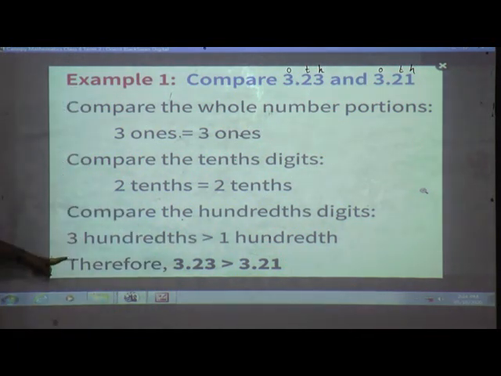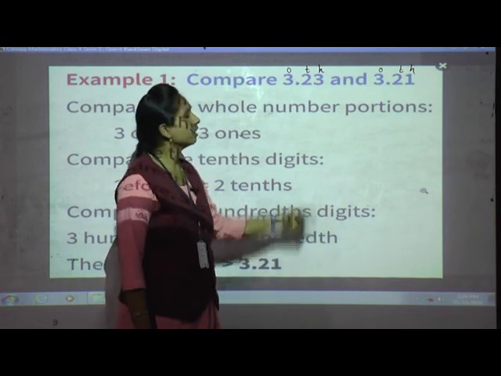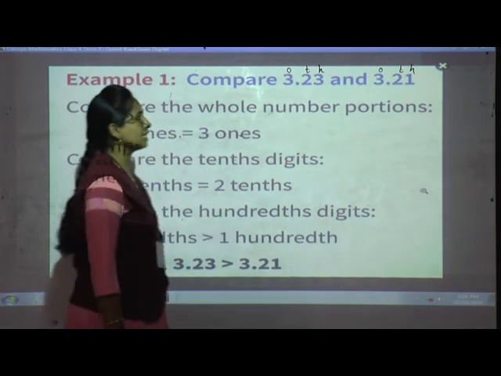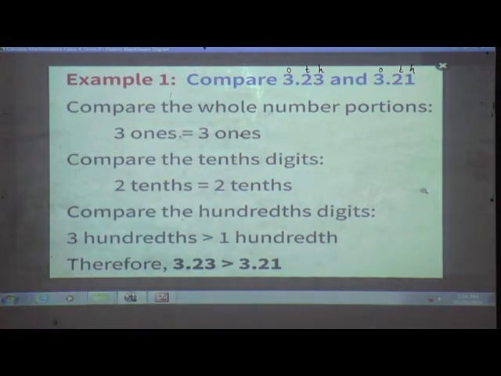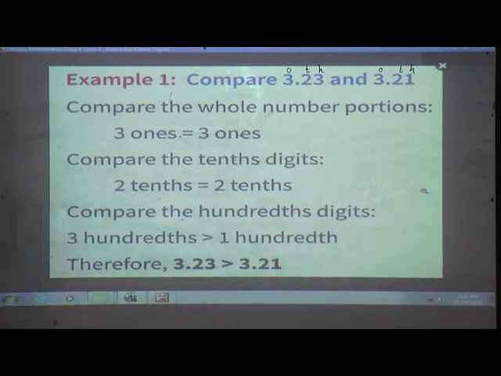Of course 300s is greater. So automatically which is greater, 3.23 or 3.21? Yes, 3.23 is greater than 3.21. You can see here. Okay, clear? Yes, next example.